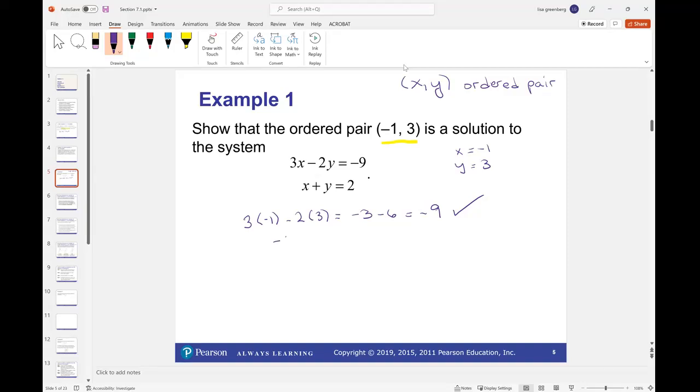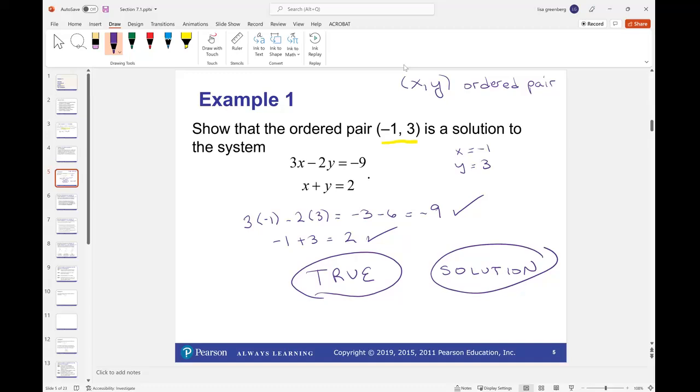So we have -1 plus 3 equals, well, that equals 2, check. So now all we're doing is saying, yes, this ordered pair is a solution to both equations. So this is true, or this is a solution. However you want to state it, we know that this works, okay?